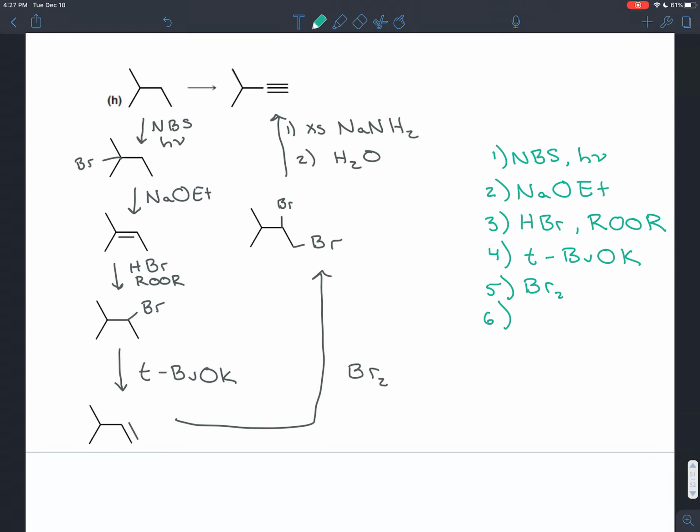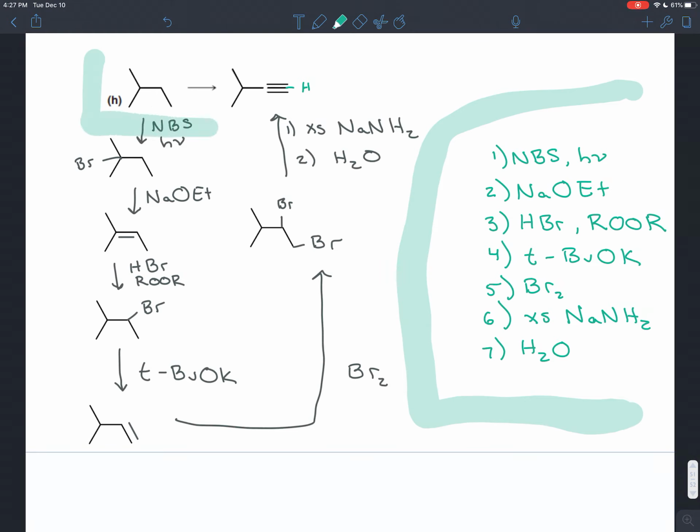We would make that by treating this vicinal dihalide with first excess strong base, excess sodium amide, that would do the eliminations, create the two pi bonds, but it would also rip the hydrogen here off of the alkyne and turn this into an anion, which is unstable. So to stabilize that, we shake it up with some water, and the water does a proton transfer and puts the hydrogen back on. So overall, this recipe would achieve this transformation.